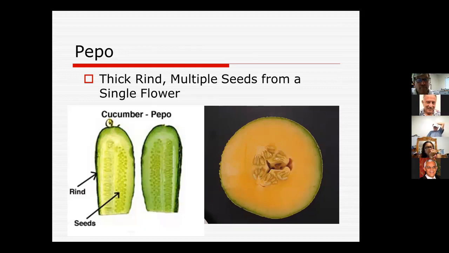They're going to have multiple seeds on the inside. Again, your rind is going to be your exocarp, and then you have all those seeds inside in a couple different configurations. So thick rind, multiple seeds, usually a fleshy component of the mesocarp. Okay.